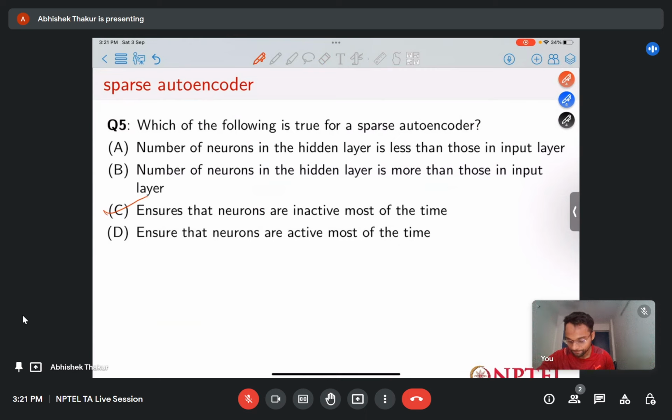And one more thing. What is the regularization parameter added in this sparse autoencoder? The regularization parameter is added in the loss function. So this is L hat theta equal to L theta plus omega theta.